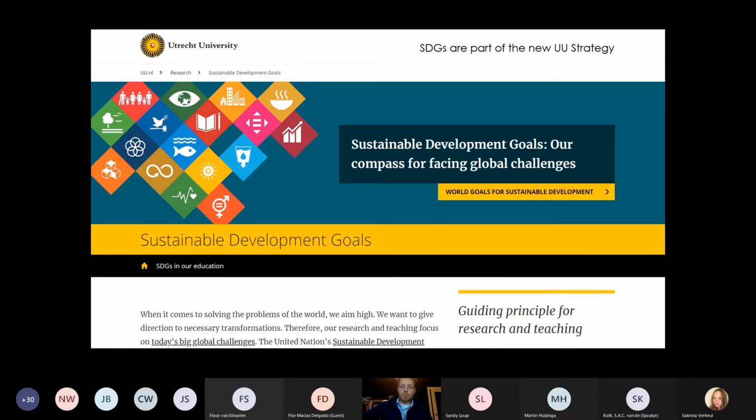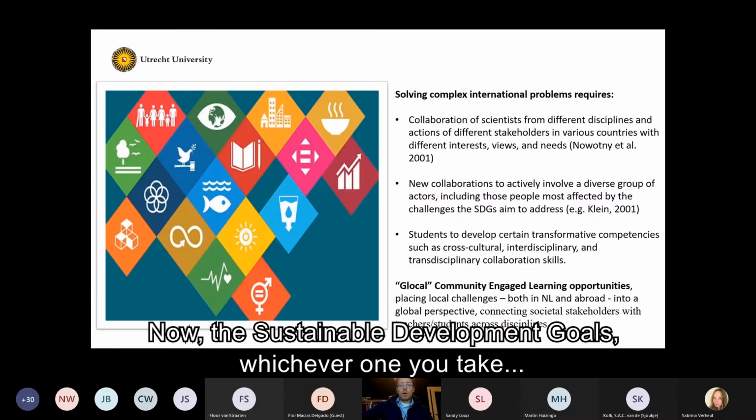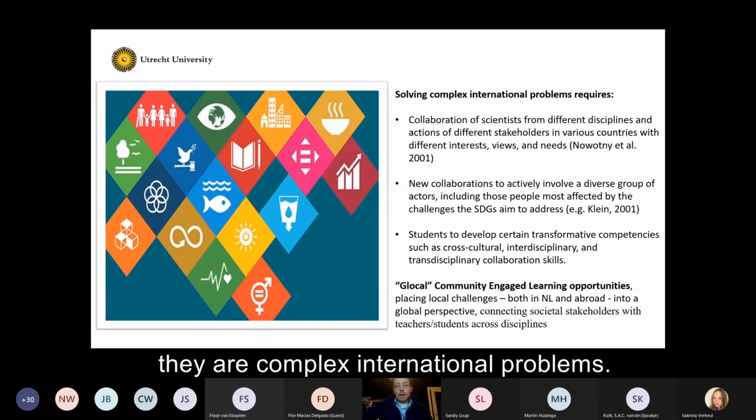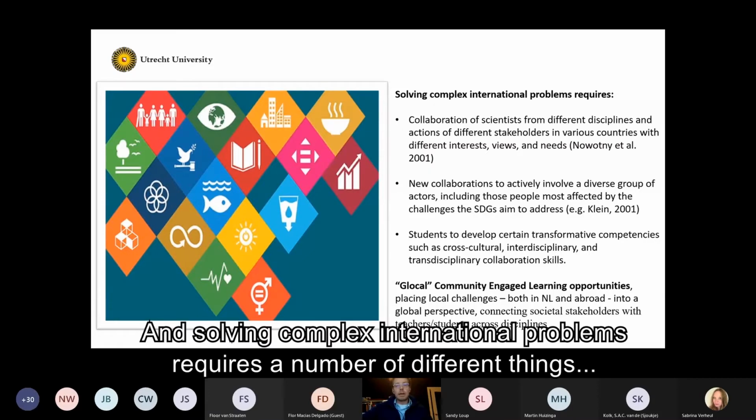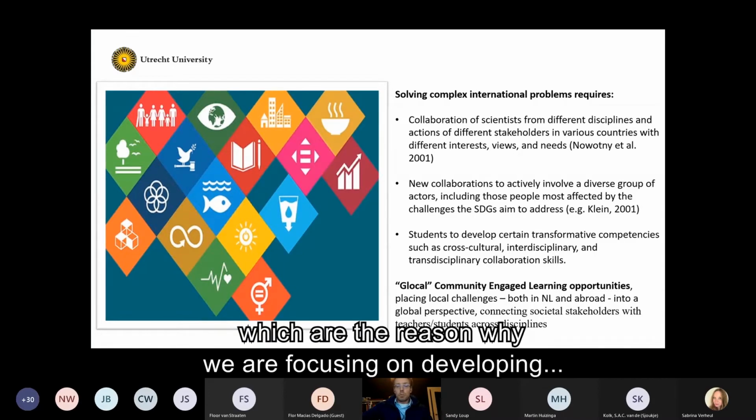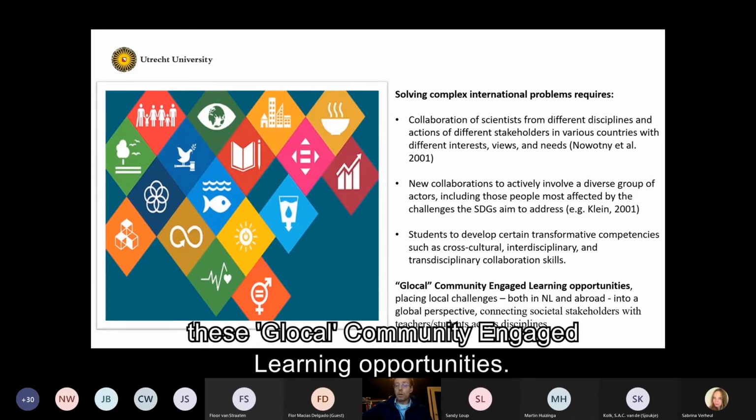Now, the Sustainable Development Goals, whichever one you take, are complex international problems, and solving complex international problems requires a number of different things, which are the reason why we are focusing on developing these global community engaged learning opportunities.